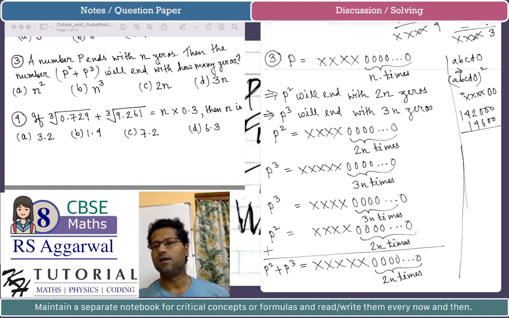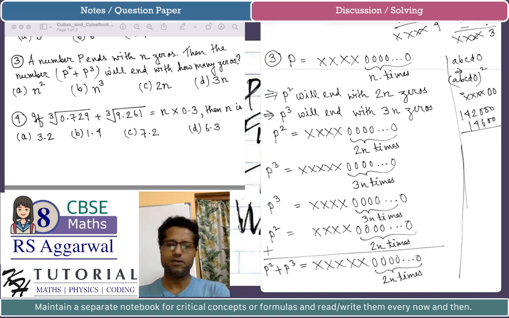Why? So as you can see from the sum, it is obvious that since in the second number, where the number of ending zeros is less, all other digits are non-zero. So definitely, if you add this number with the above number, that is 142000, which is having more number of ending zeros, the sum will obviously have the number of zeros which is equal to the lesser number of zeros in these two numbers.